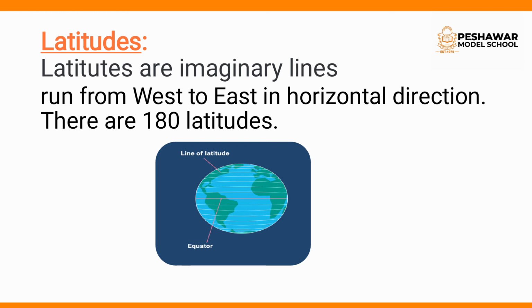Here the red line shows the equator. Above the equator there are 90 latitudes, and below the equator there are 90 latitudes. So 90 plus 90 equals 180. These latitudes are imaginary lines. They are not present anywhere on the earth's surface, but are only imaginary lines drawn by geographers to make drawing and mapping easier.